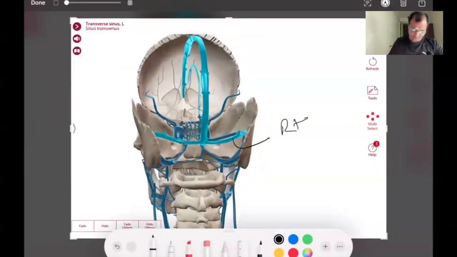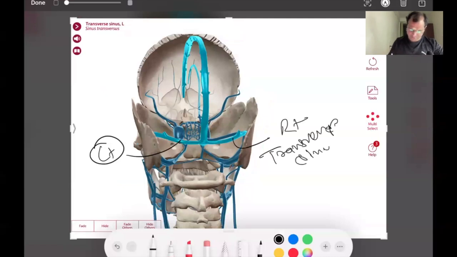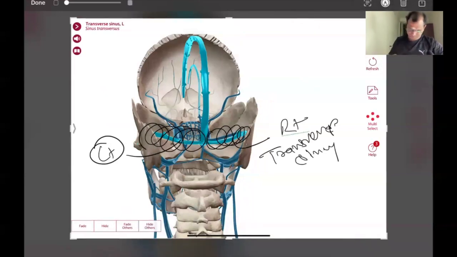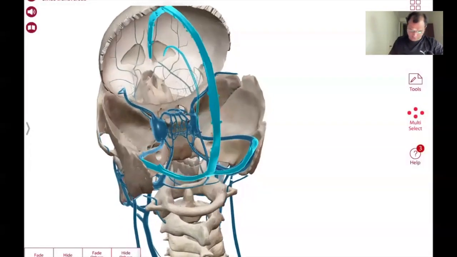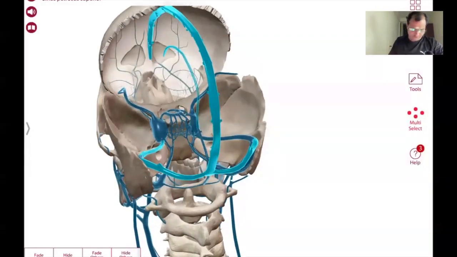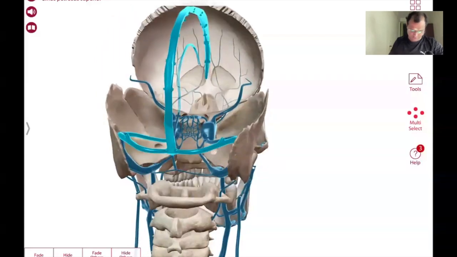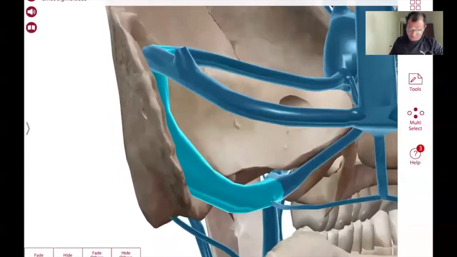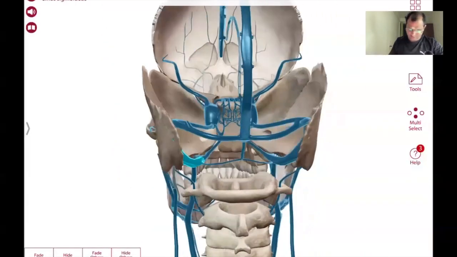Right and left transverse sinus. As per this image, this is collecting the blood from this area. This is collecting blood from this area. Then after that, it's becoming S-shaped. This is the sigmoid. So there's a sigmoid sinus that we discussed already, right?